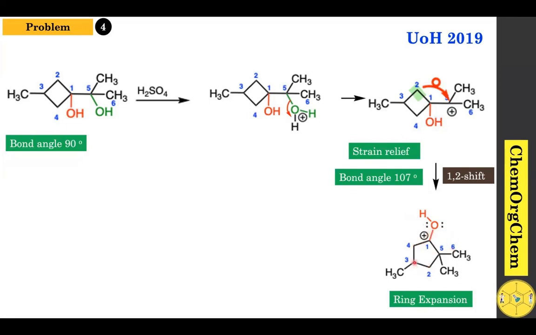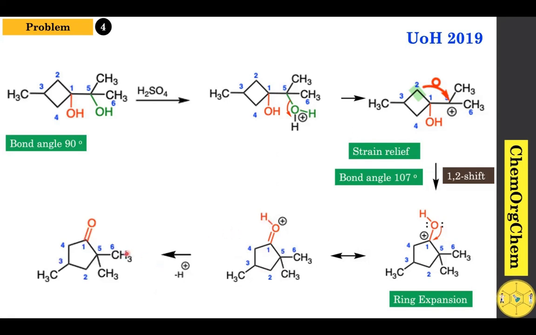Once it generates this carbocation, the oxygen lone pair of electrons moves towards this carbocation center, which generates one more resonance form. After that, H plus falls off, which provides the corresponding cyclobutanone product. So overall, the strain plays a major role in triggering this reaction.